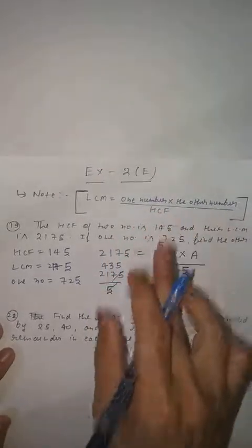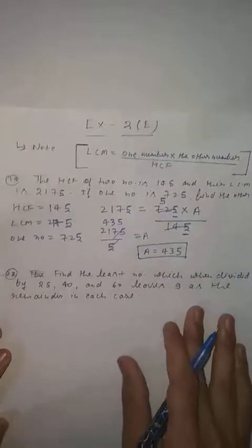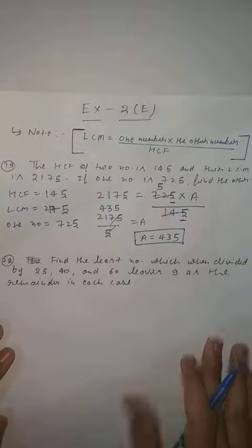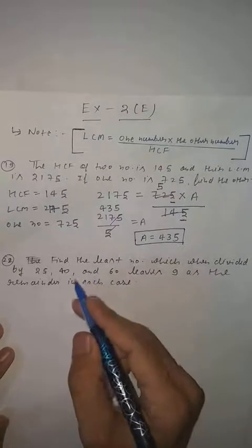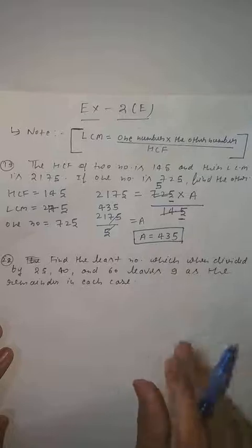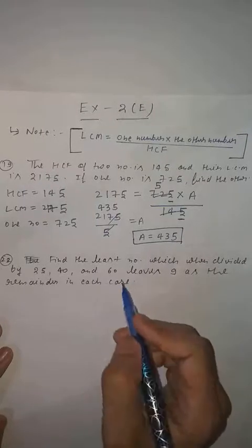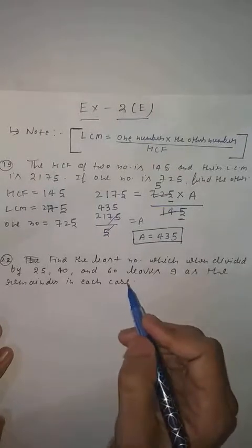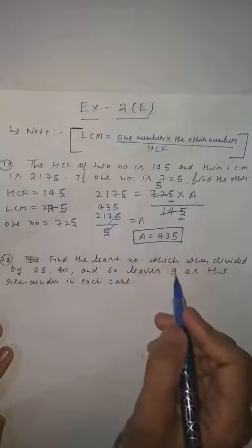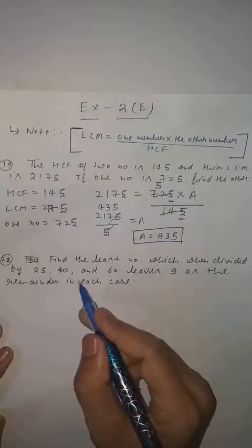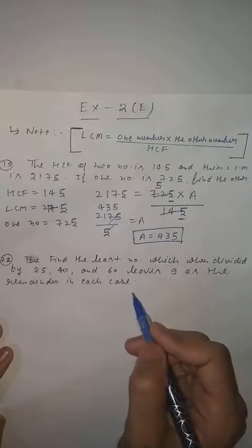When one formula is given, you have to focus on that formula. Now our next question is, and 22 other is same. Students, I am explaining only the different type of question. Clear, students? Find the least number which when divided by 25, 40 and 60 leaves 9 as the remainder in each case.